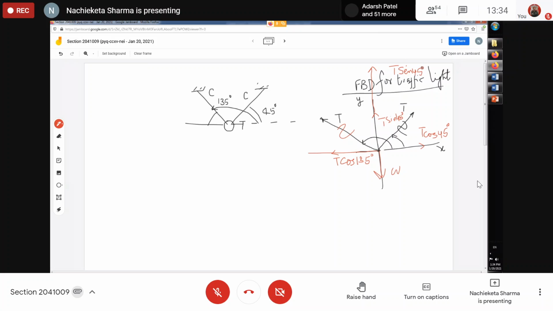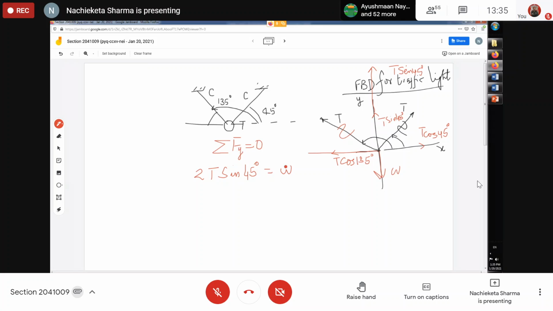Okay. Because it is in equilibrium, I will apply Newton's first law in y component form. So the sum of all Fy is equal to 0. There are two T sin 45, so 2T sin 45 degrees minus W is equal to 0, or 2T sin 45 degrees is equal to W, because it is in equilibrium.